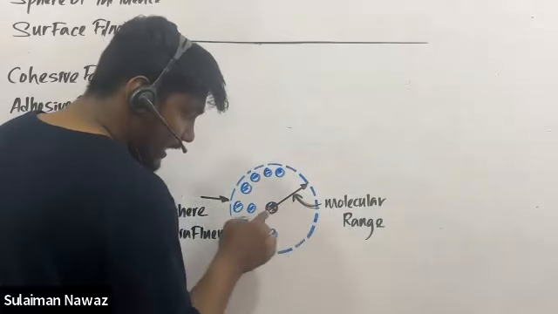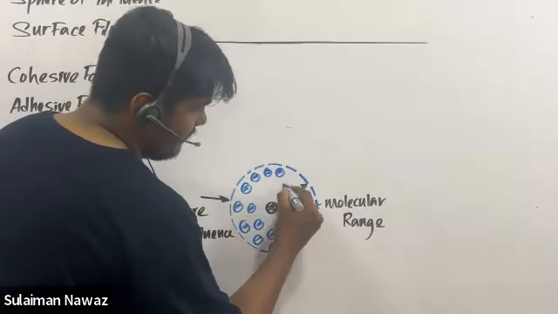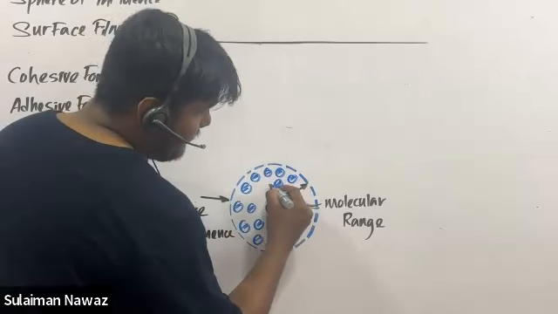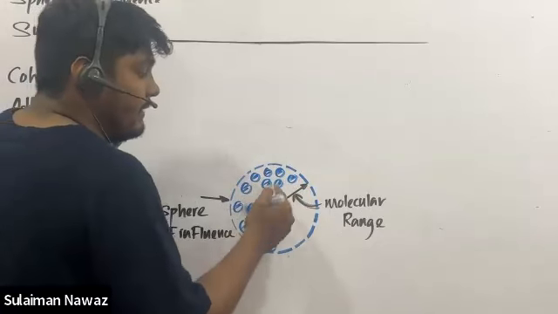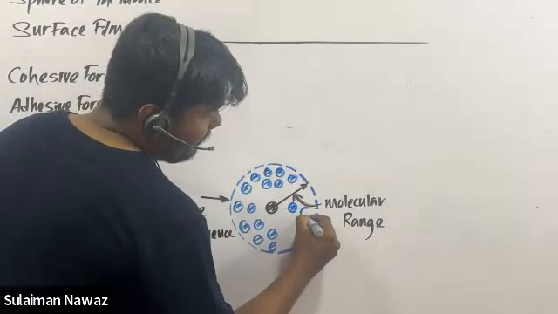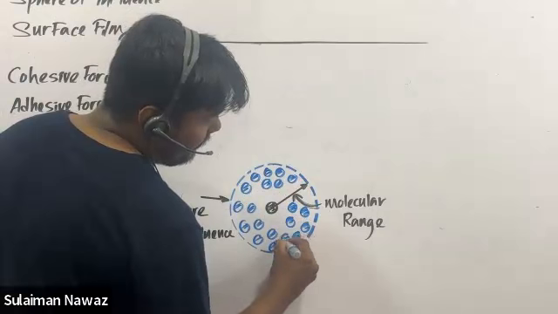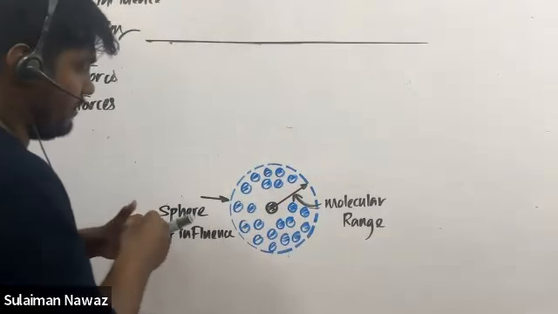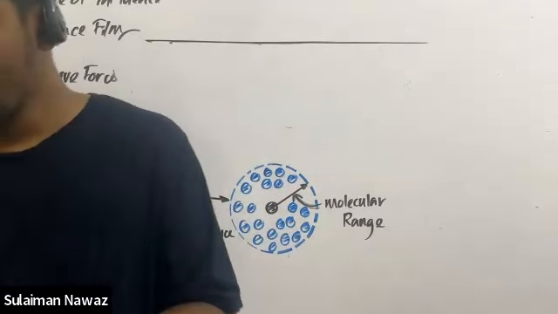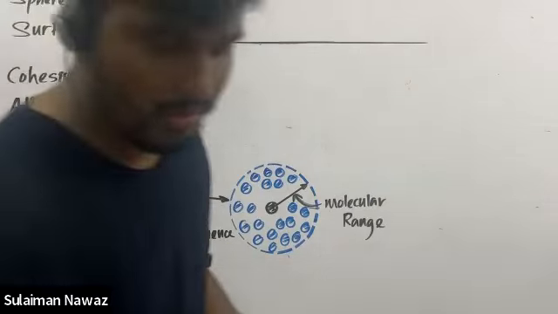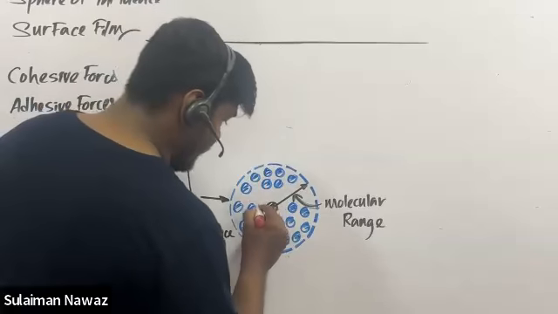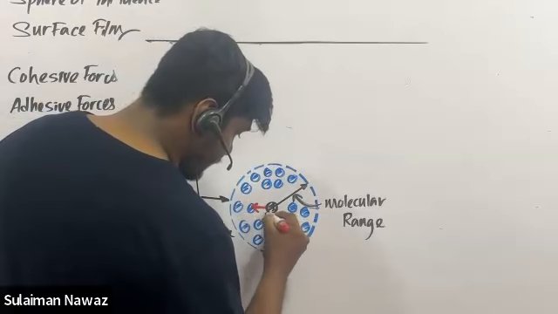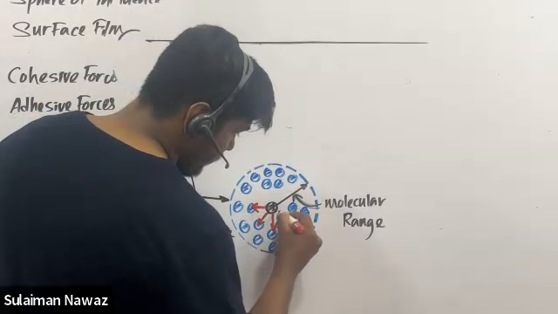there are forces acting on the black color particle in all directions. There are forces acting on it by all these particles, but the resultant force acting on the black color particle is zero. Yes, I take time to explain, but it's important.